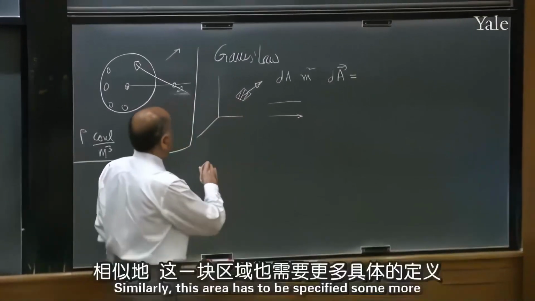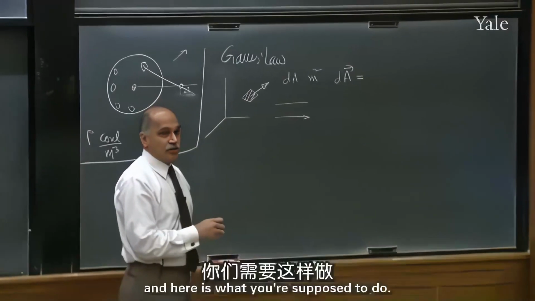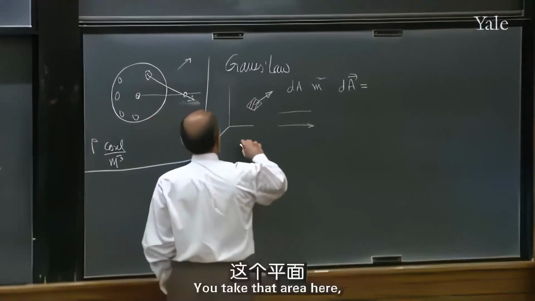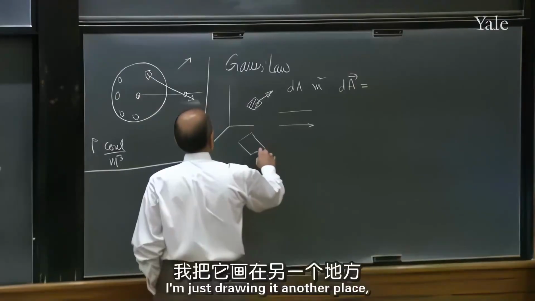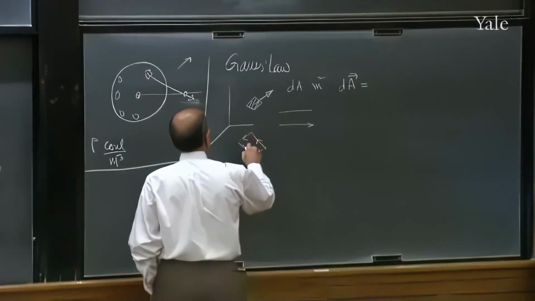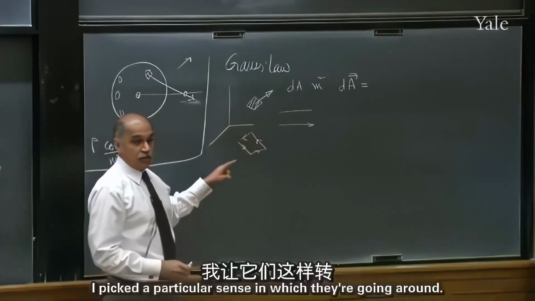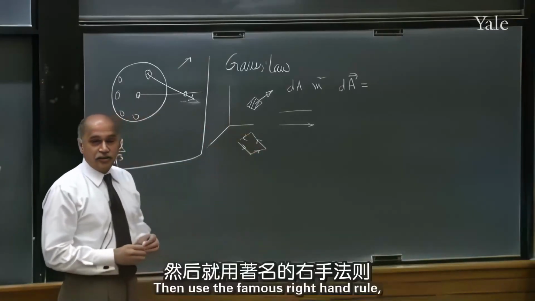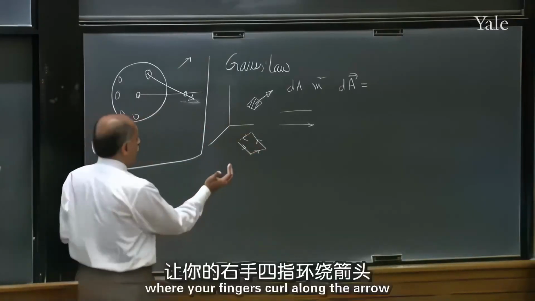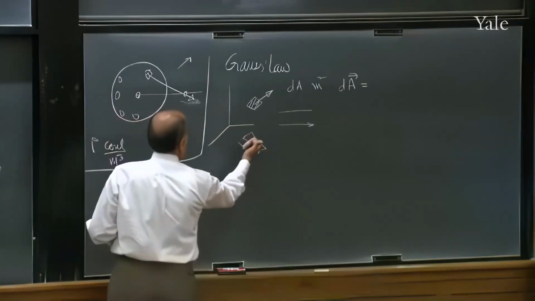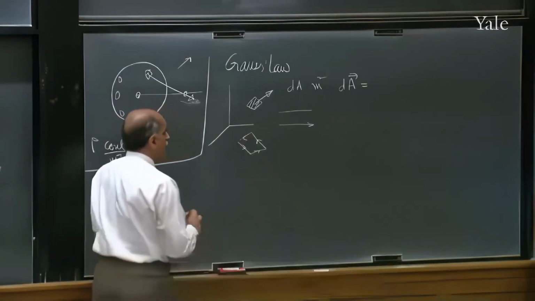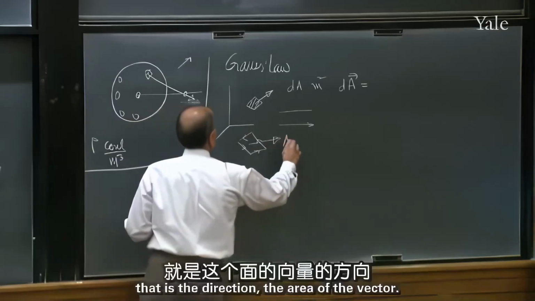Similarly, this area has to be specified some more. And here is what you're supposed to do. You take that area here, I'm just drawing it in another place, and draw some arrows that circulate around it in one sense or another. I've picked a particular sense in which they're going around. Then use the famous right-hand rule, where your fingers curl along the arrow and your thumb points in some direction. That is the direction of the area vector.